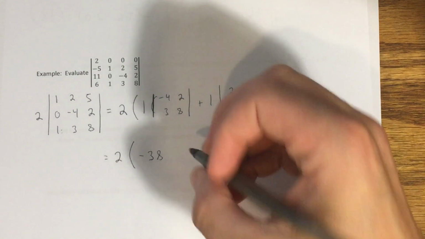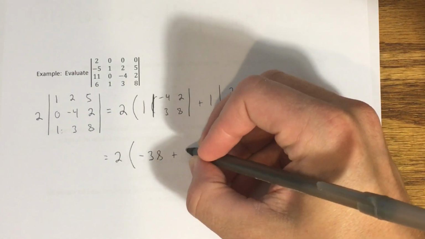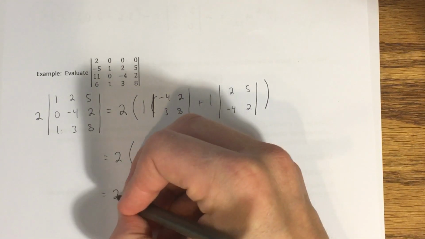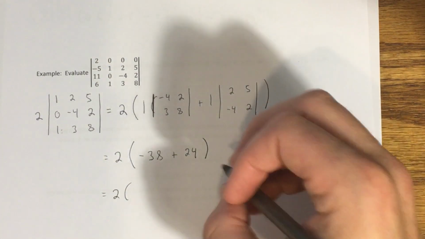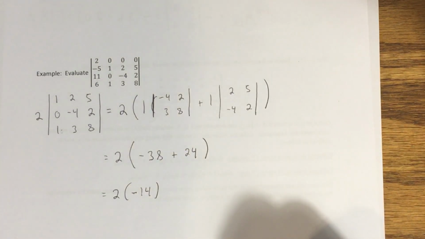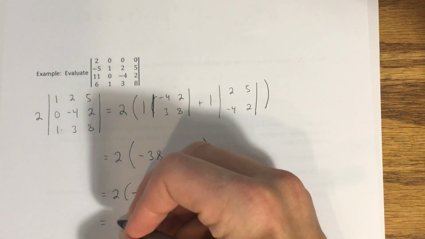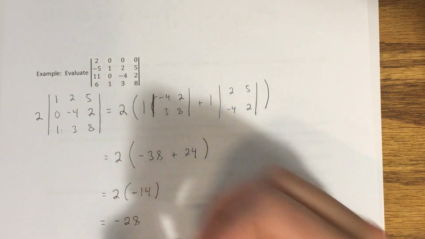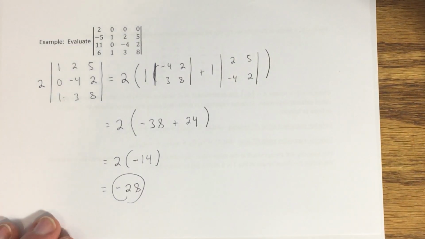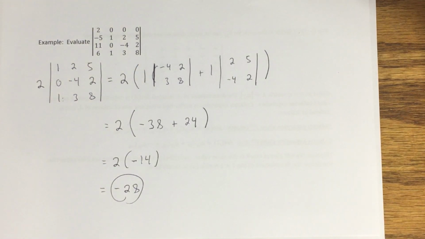So 4 minus negative 20 would be plus 24. Okay, so this comes down to 2 times negative 14, and then 2 times negative 14 should be negative 28. Okay? So that should be our determinant in this case.